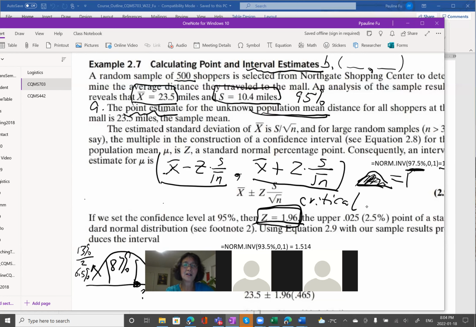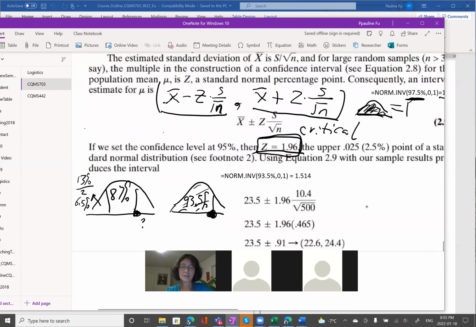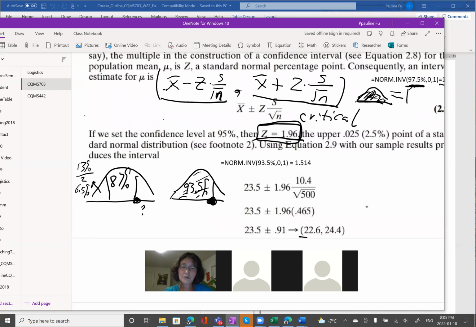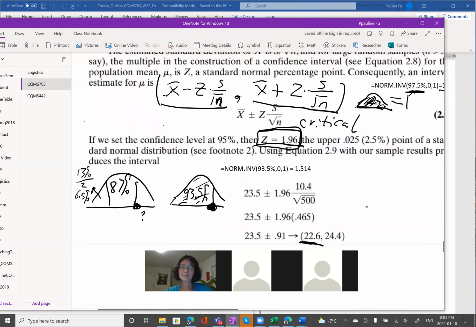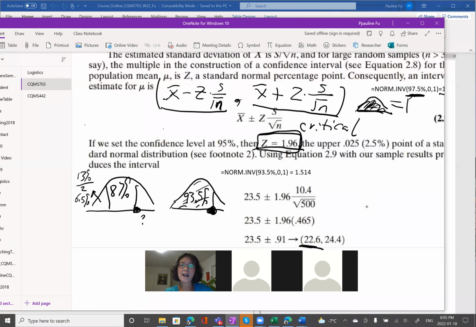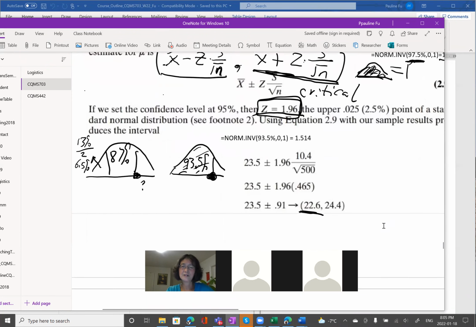What is x bar? X bar is 23.5. What is sample size n? N is 500. You know all the numbers in this formula. You can find the lower bound. Okay, so the lower bound is 22.6. Similarly, you can find the upper bound, x bar plus z times s over square root n.